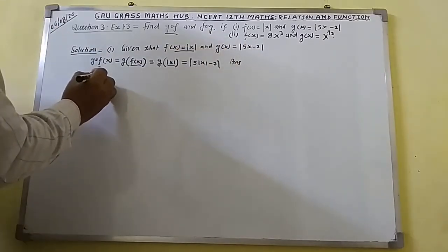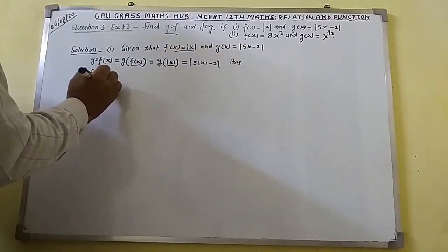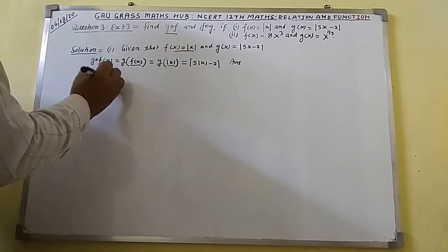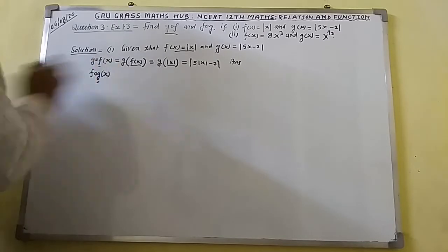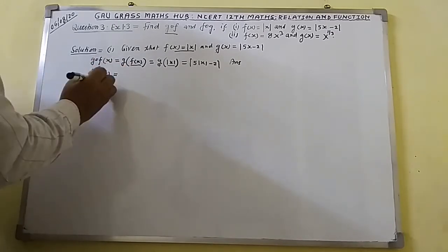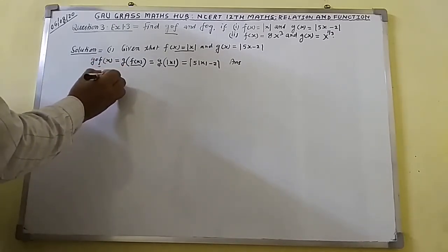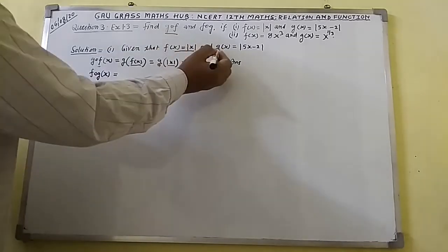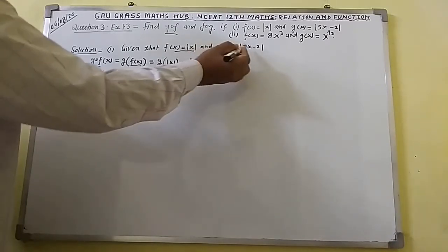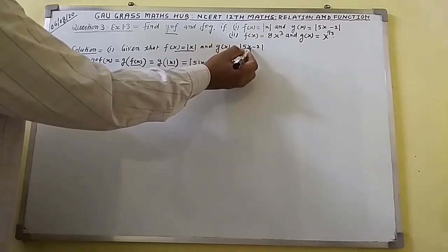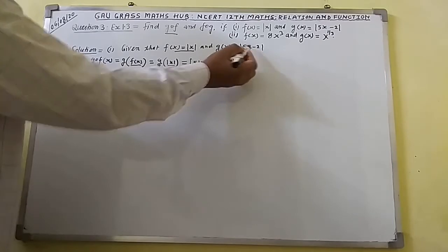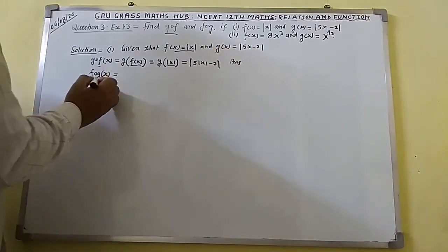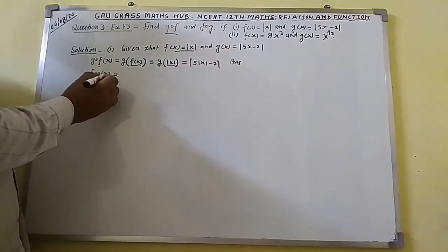So in f of g, the last letter g will also take x in brackets. Why will g take x? Because here g is related to x, and the output is also in terms of x. That's why g will be related to x.